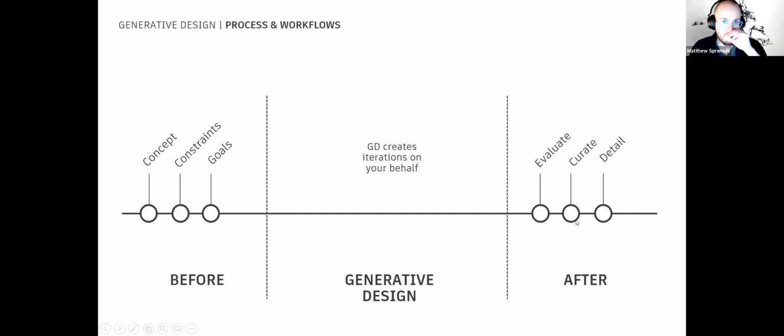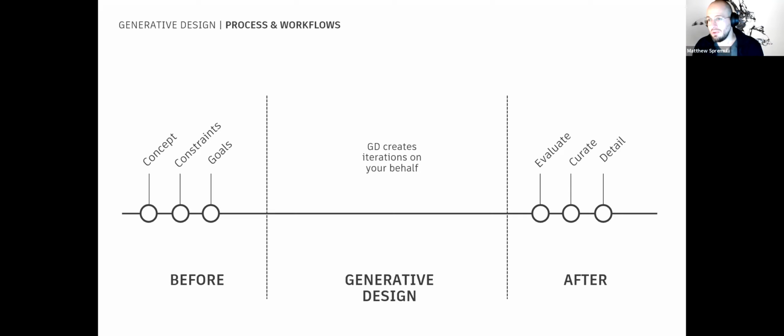So whenever we're talking about how you can talk to your clients or your customers or even your team about how generative design affects your work, usually what happens is that most of the time architects are in here. If you've ever seen Rem Koolhaas' Office for Metropolitan Architecture, you see he has interns making lots of options, lots of iterations.